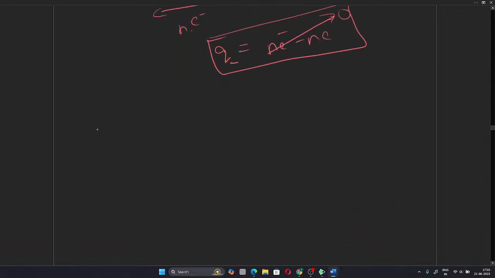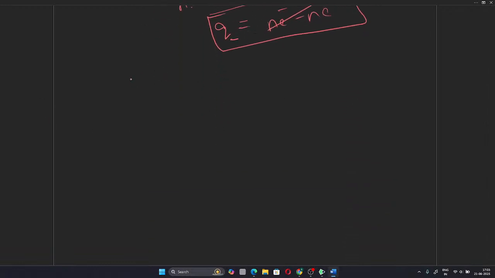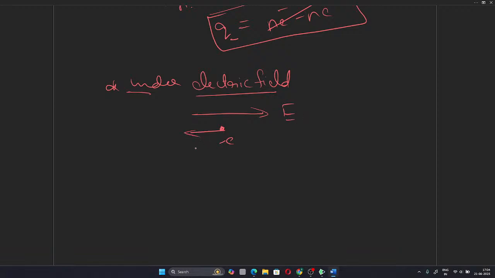And let's take if under electric field, this is an electron, let's assume this is the electric field, it will experience an acceleration towards this direction. This acceleration is termed as minus E times E by m, which we can derive.